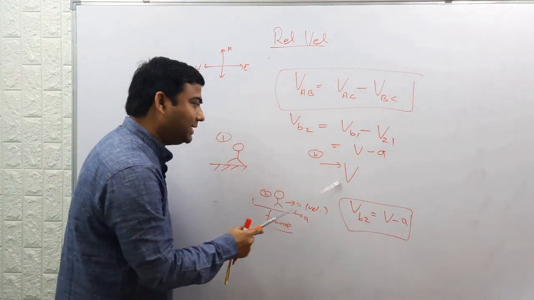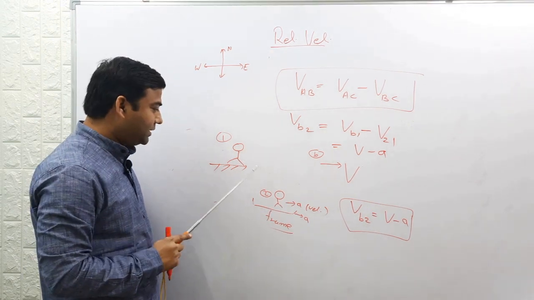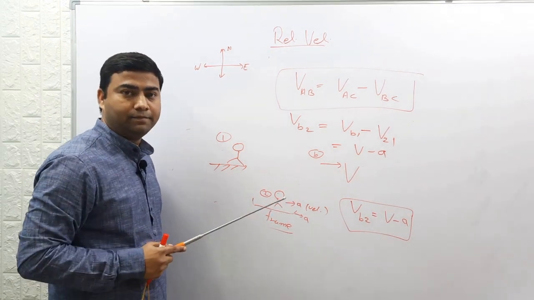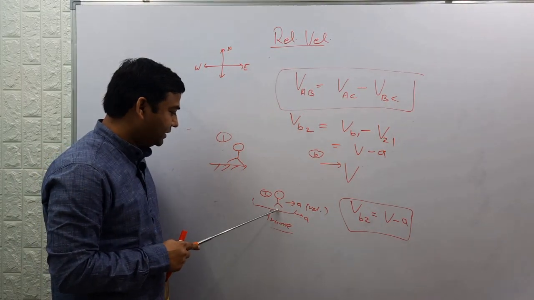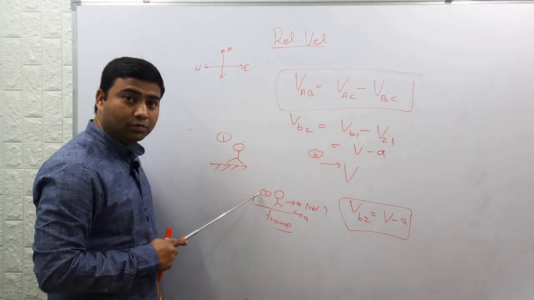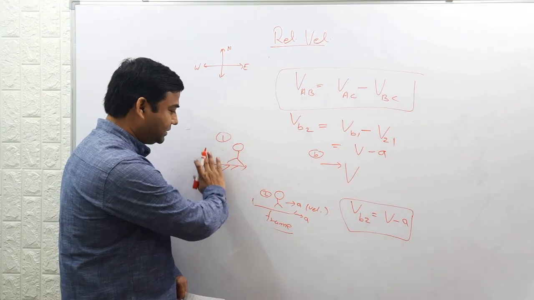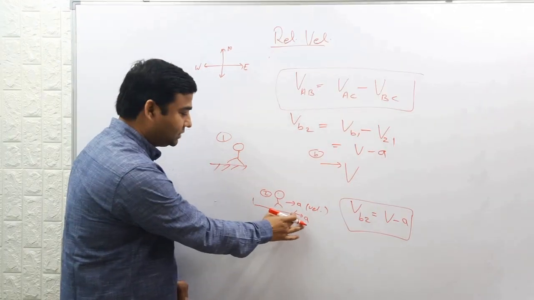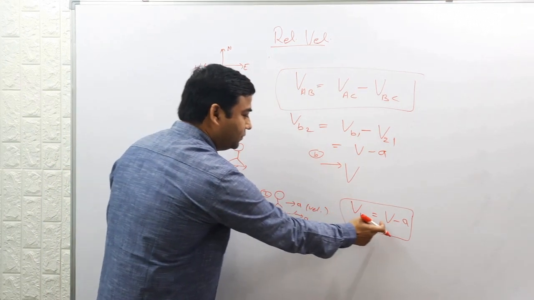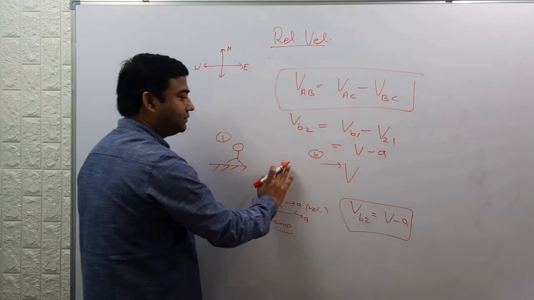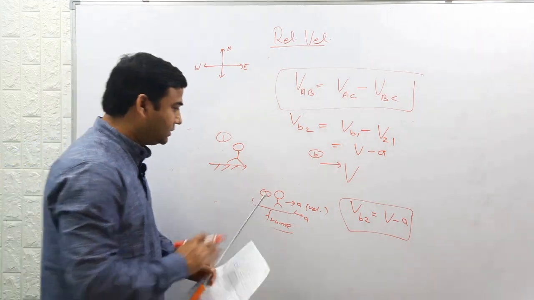So the ball is same and its velocity is same. Only the observer has changed his reference frame. Observer 1 was sitting on ground and the same observer sits here, he becomes observer 2. The same person runs and sits on a moving frame with velocity a. Then he observes that velocity of ball is v minus a, whereas on ground he was observing velocity v.